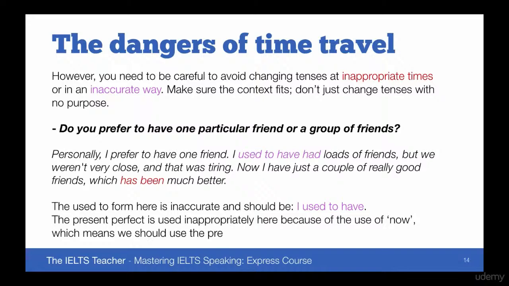And the other problem is that instead of which has been much better, we should be saying which is much better. Yes, the present simple is a little bit simpler than the present perfect, but it's still appropriate. It's not about the complexity all the time, it's about how appropriate a tense is.